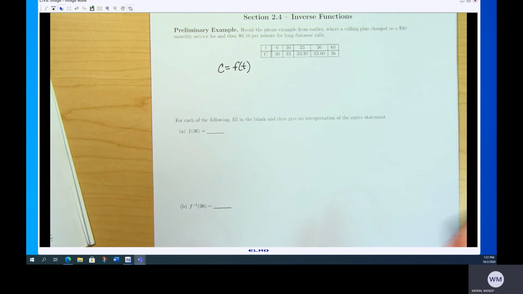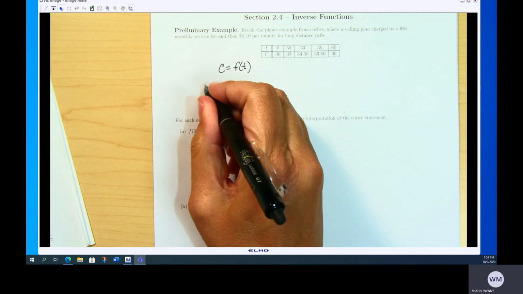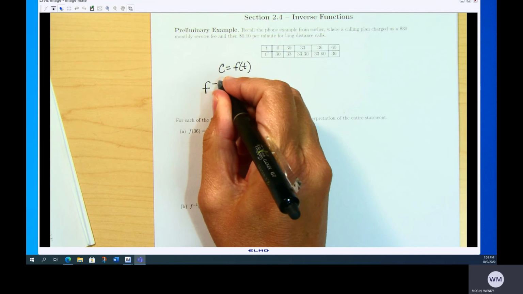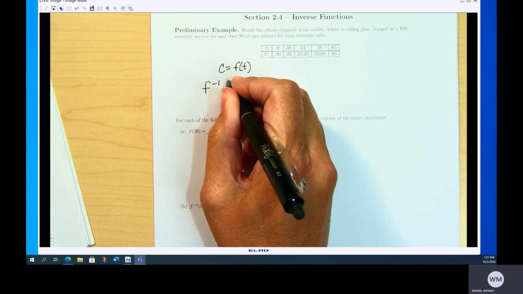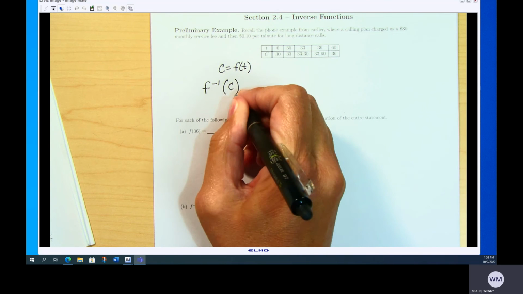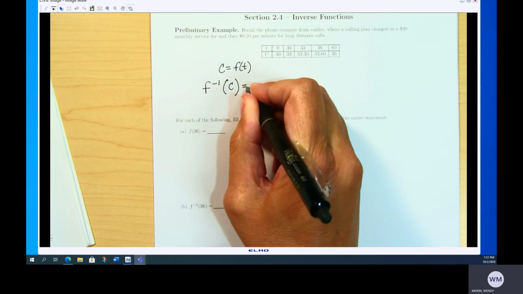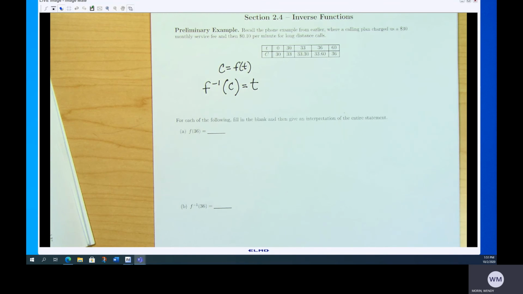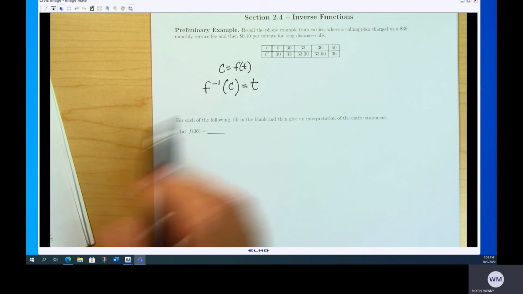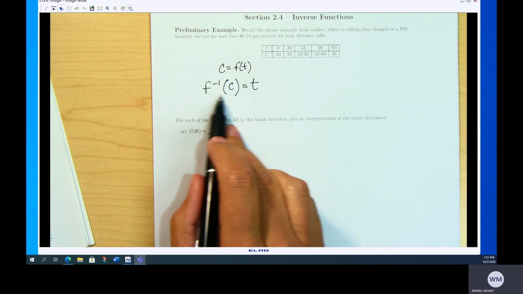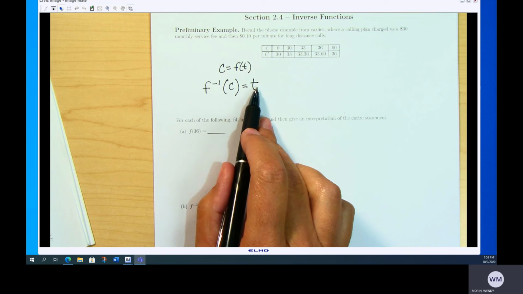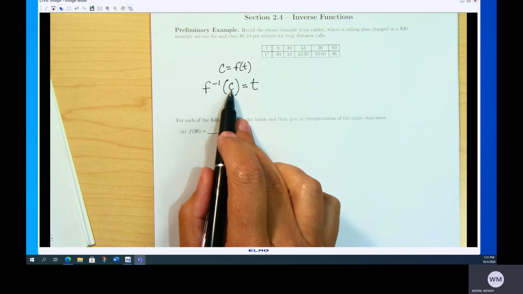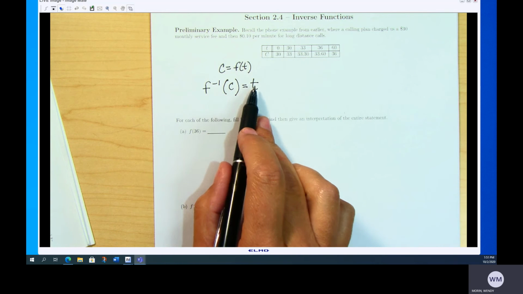So we've been already talking about that. But there's another notation, which is the inverse notation. If I take the inverse of C, that is asking me to find the T. So this notation means find the input. This is the output. This is the input.